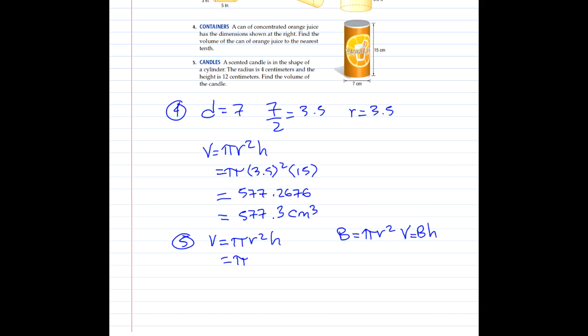Pi times my radius, which is 4, squared, times my height, which is 12, gives me an approximate volume of 603.1857, which rounds to 603.2, in this case, centimeters cubed.